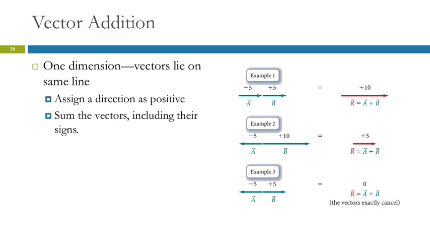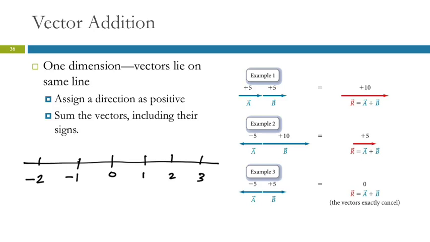If we look at vectors in one dimension, these vectors lie on the same line, and we just assign a direction as positive. If we're looking at a horizontal line, it could be to the right, it could be to the left. It's a bit like a number line. So, here's 0, 1, 2, 3, etc., and -1, -2. We just decide this is how we're going to draw it.